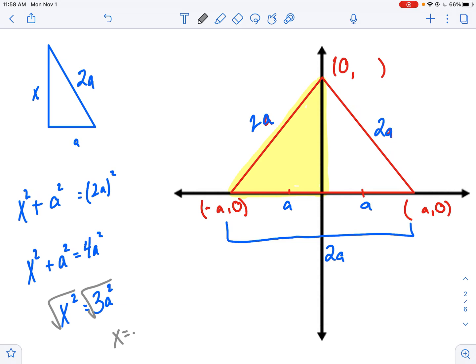What do I do with the fact that this is the square root of 3a squared, or a root 3? Well, if this here is the height, then it's the height inside my triangle as well. So I went 0 units left and right, but to get to my top vertex, I went up a root 3 units.